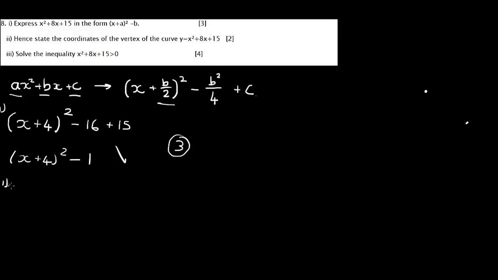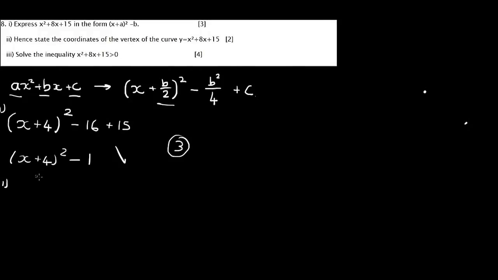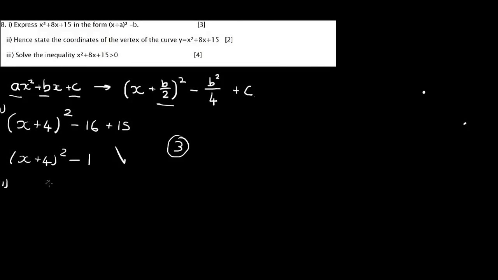Part 2, it says hence state the coordinates of the vertex of the curve y equals x squared plus 8x plus 15. Well, when it says state, in an exam paper, you shouldn't have to calculate anything, you should just see it.